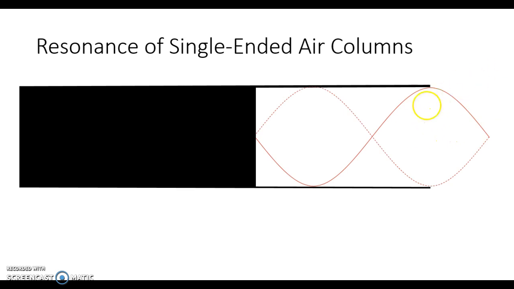Again, you'll notice the largest amplitude is created at the edge of the air column, which means we have just found our area of second resonance.